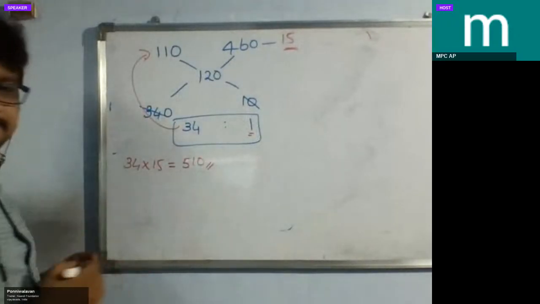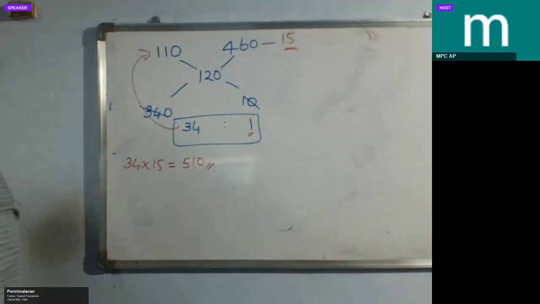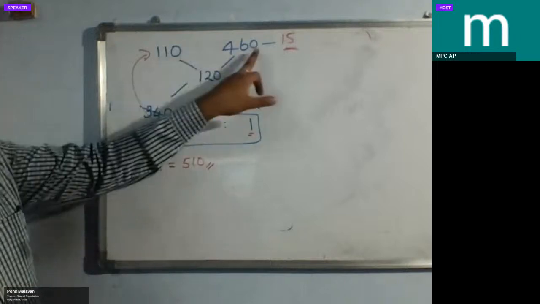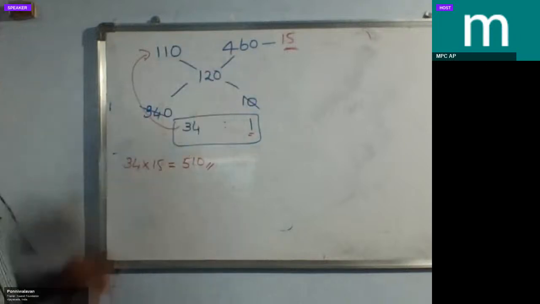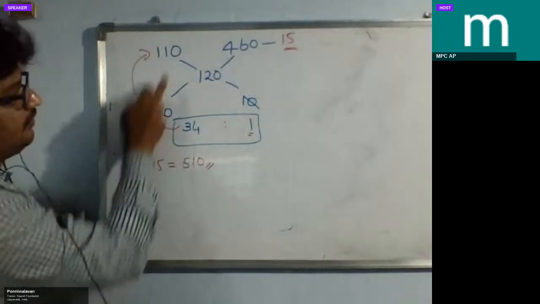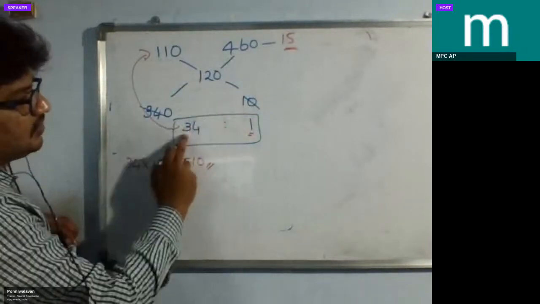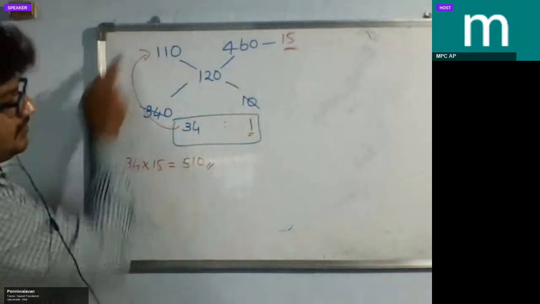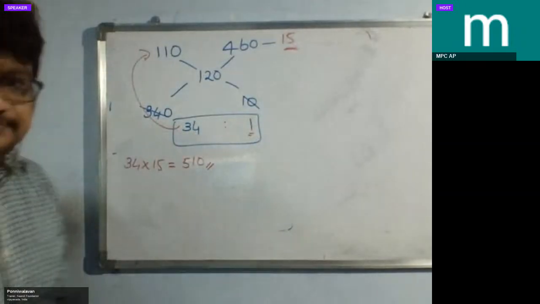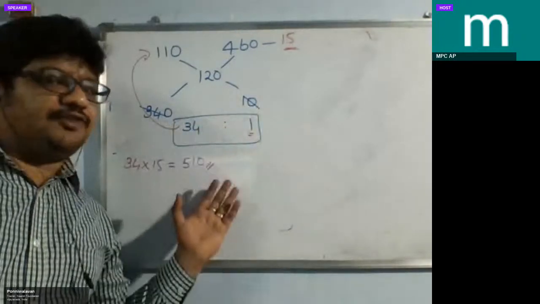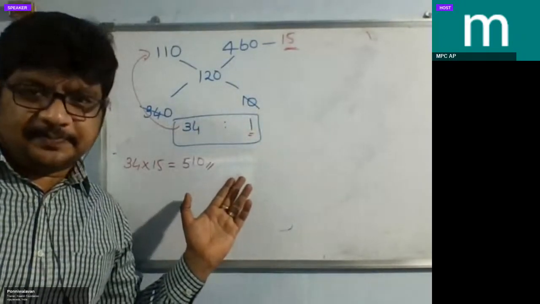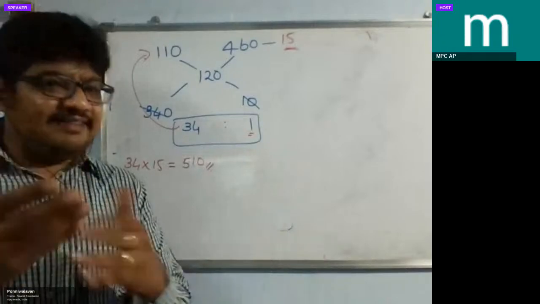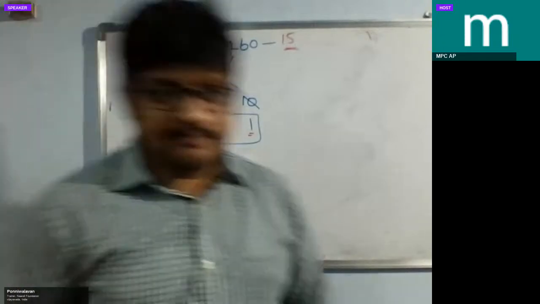That's the answer. 110, 460, and the mean value is 120. If you take this, it is 340. If you take this, it is 10. So 34 is to 1. Yesterday I think we saw 4 or 5 problems like this, the same method. Average, allocation, mixtures are all the same.